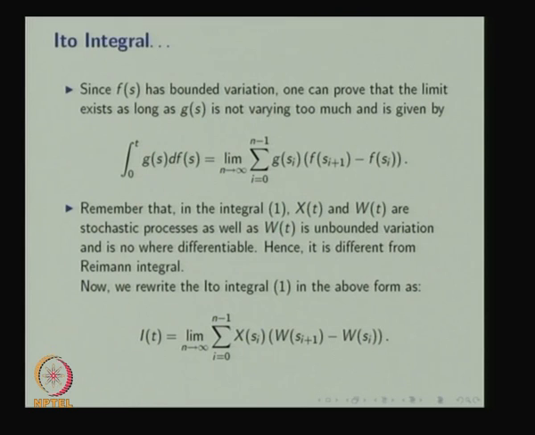In the same way, I of t is the limit as n tends to infinity of the summation i equals 0 to n minus 1, because the integral is the integral from 0 to t of X of u dW, therefore it is X of s_i times the difference W of s_(i+1) minus W of s_i.